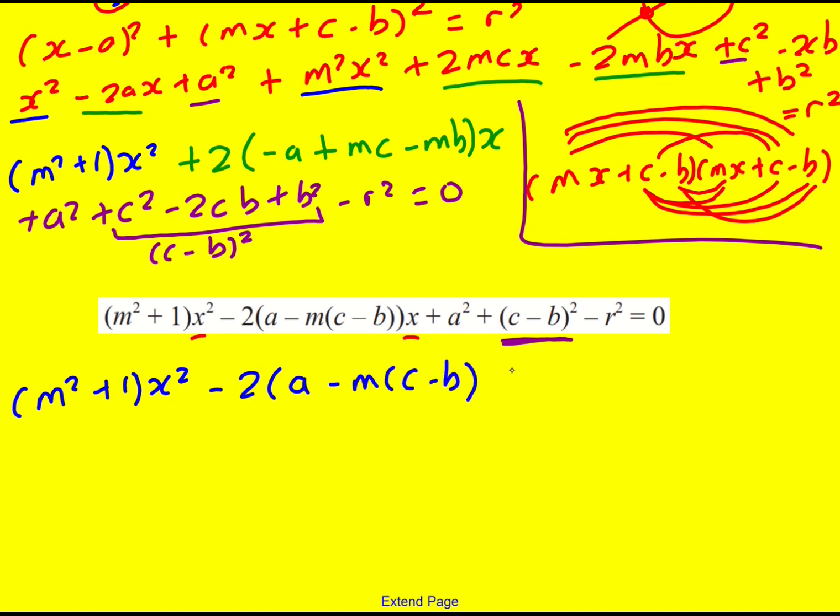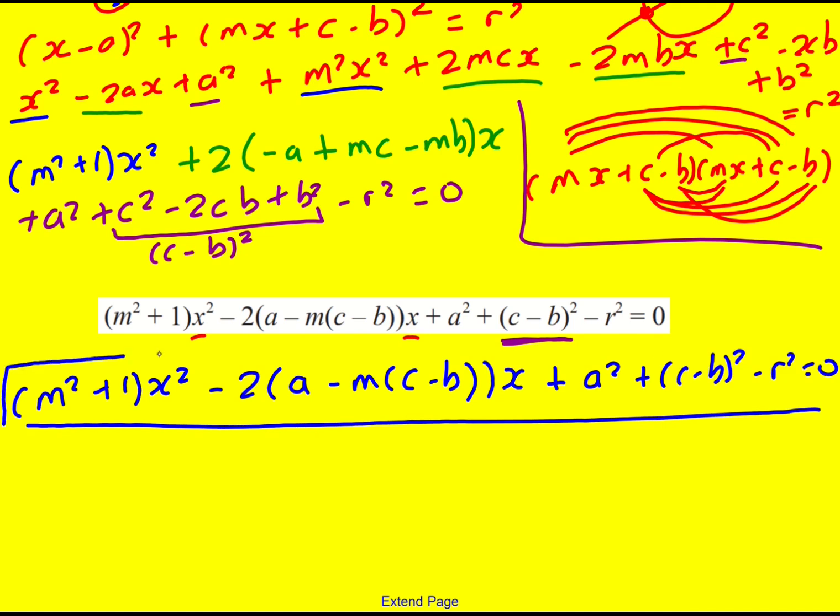So I think I can go straight to this now. That is definitely the same because I'm going to get plus mc overall. I'm going to get minus mb, x, plus (c − b)². I showed where that came from. Oh, sorry, I forgot about the a². That first. a² + (c − b)² − r² = 0 as required. Good.